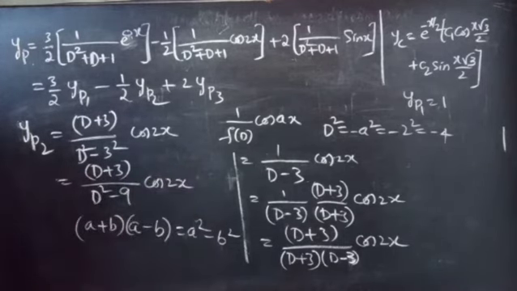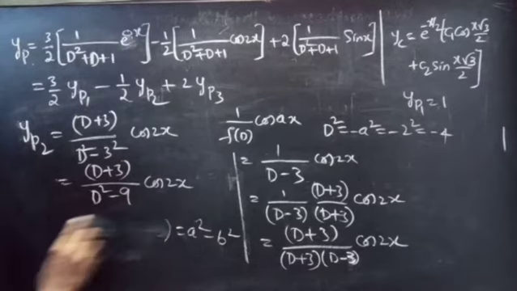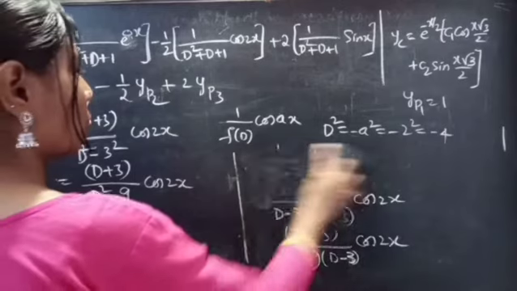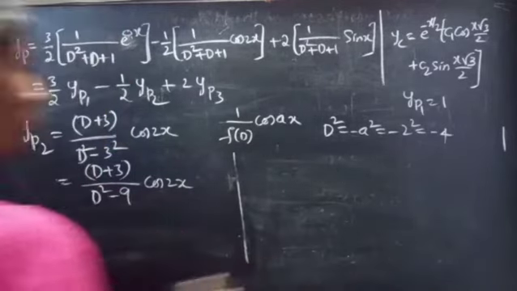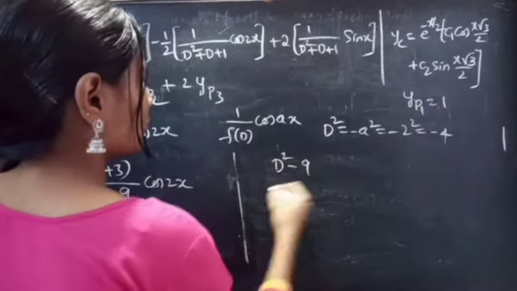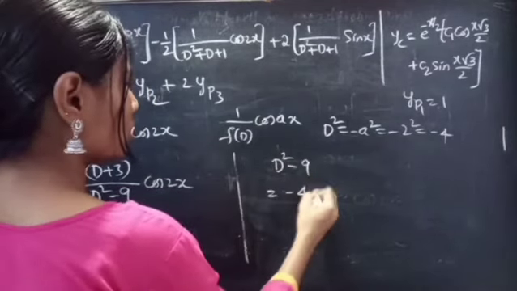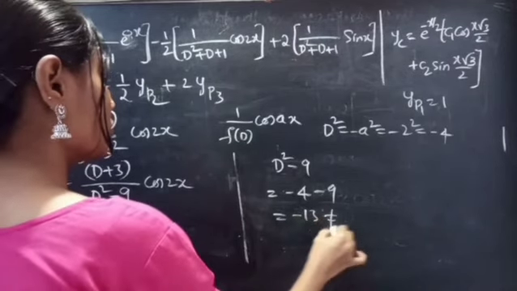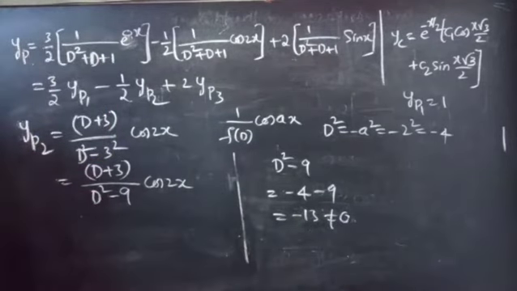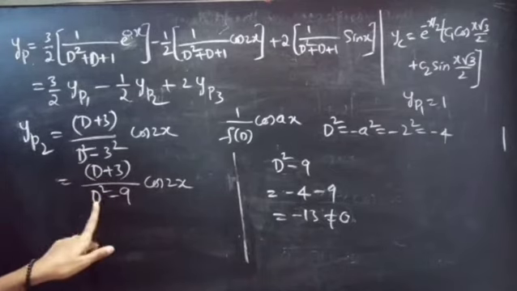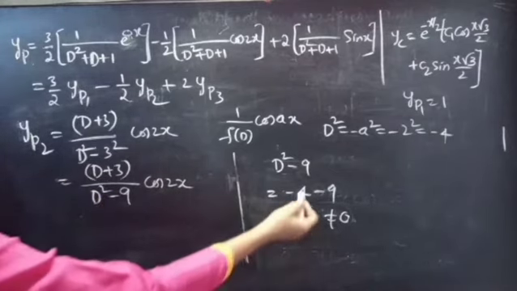See, again D square appears in the denominator, so we have to check what happens if we replace D square by minus 4. Take the denominator part and replace D square by minus 4. You'll get minus 4 minus 9, which is minus 13, which is non-zero, right? The denominator is non-zero by replacing D square by minus 4.